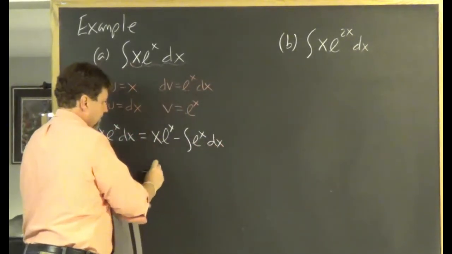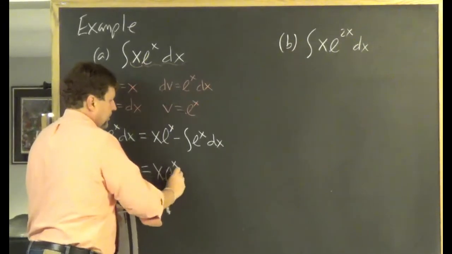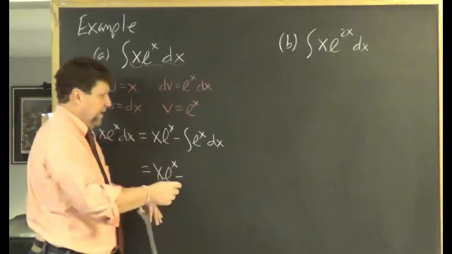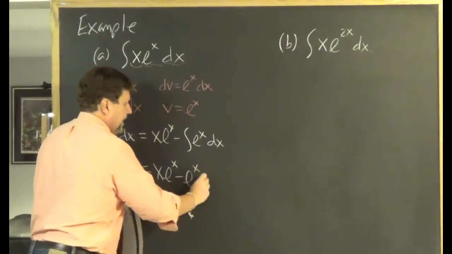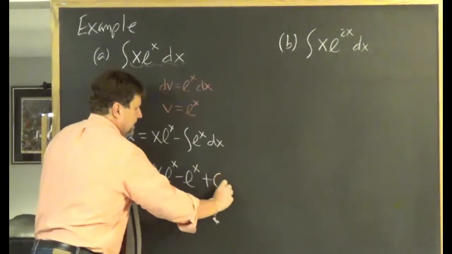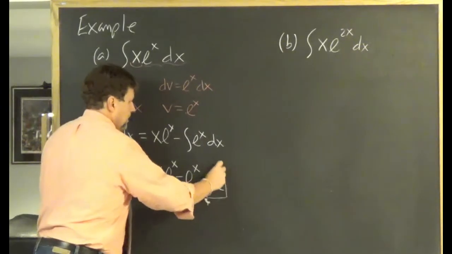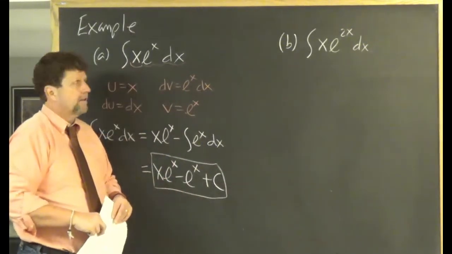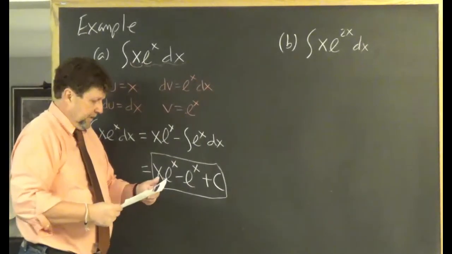Almost done. Now you just have to integrate e to the x dx, which is very easy. You know that's just e to the x. Tack on the plus c, and that's the antiderivative of x e to the x dx.